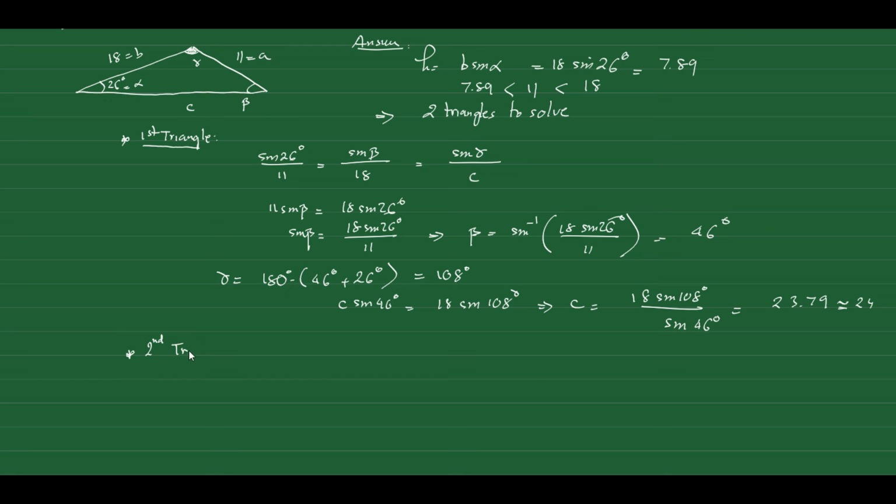But where could the second triangle be? Well, we need to solve the second, but where is that? The second triangle will be hidden inside the triangle given, right? So where is that? I'm gonna show you. It'll be right over here. First of all, go ahead and take the opposite side of the angle given and draw the isosceles.